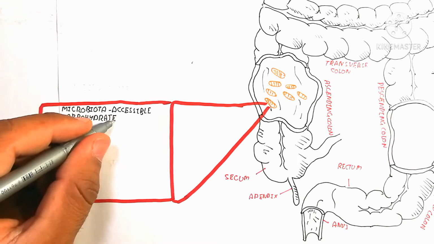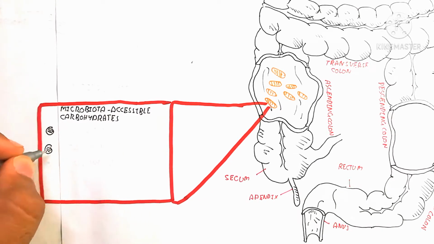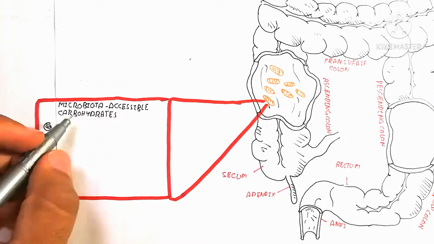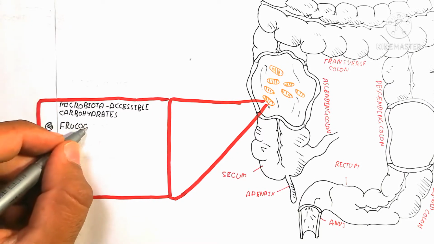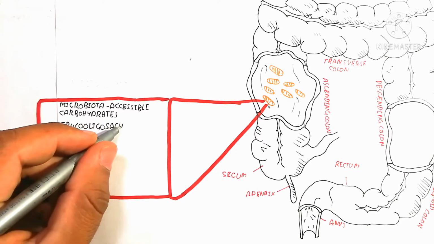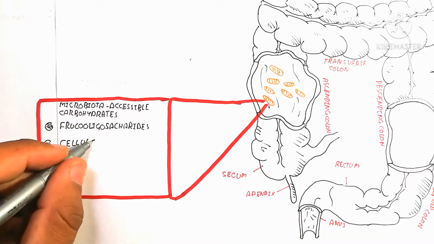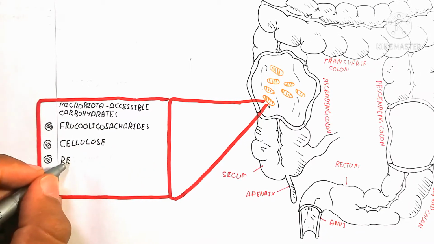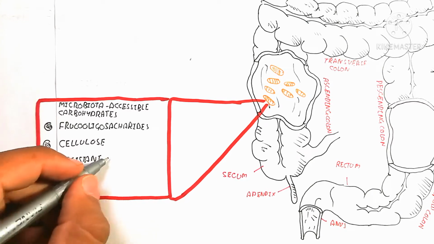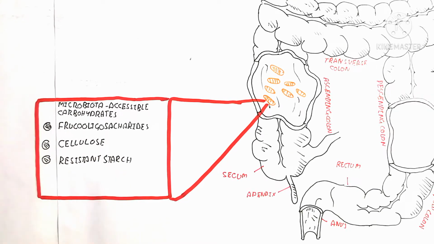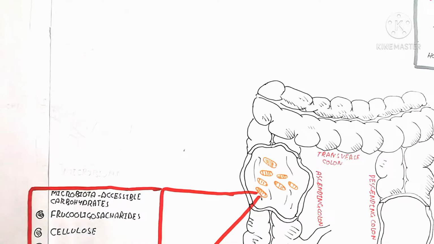On the other hand, here are the microbiota-accessible carbohydrates. The accessible carbohydrates come into the microbiome, meaning the large intestine or our gut is not able to digest them: fructooligosaccharides and cellulose.